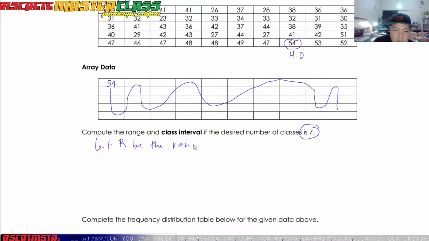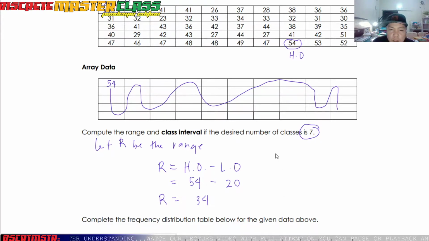Pag nasulat ko yung R, alam mo nang ibig sabihin na range yan. So, yung range natin, para makwenta mo, is equals to highest observation minus lowest observation. In this example, highest observation is 54 minus the lowest observation is 20. Okay? And that's 34. So that is the range.